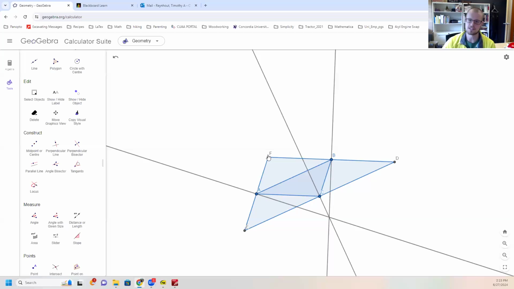Similarly, skipping all the details of congruent line segments from our parallelograms, we can find that this line is the perpendicular bisector of ED, and that this line is the perpendicular bisector of FE. So we have three perpendicular bisectors for the larger triangle.